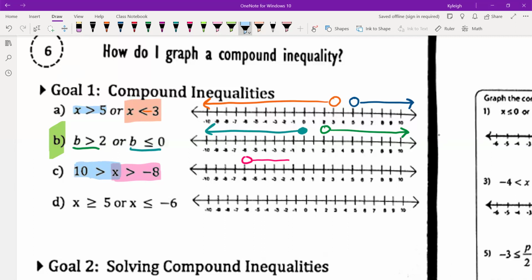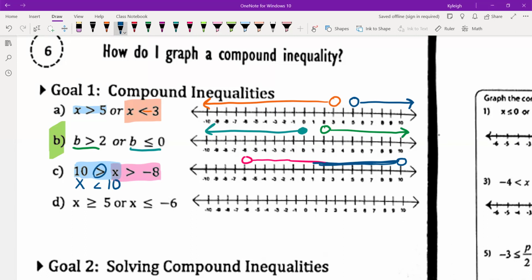So in order to understand what that's saying, we're going to rewrite it. To rewrite it, we flip them, and then we flip that, which means that now x is less than 10. So we're going to put an open circle at 10, and they're going to meet in the middle. They're going to meet in the middle, and that's "and." That's when they both go in the same direction and touch.